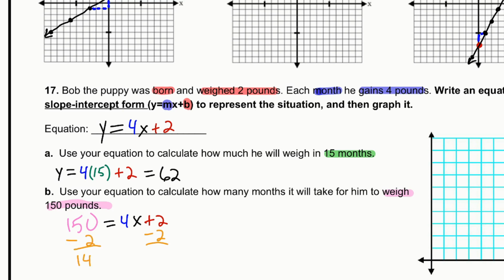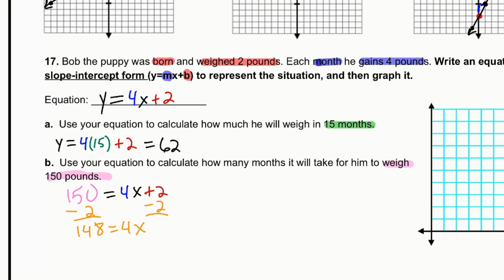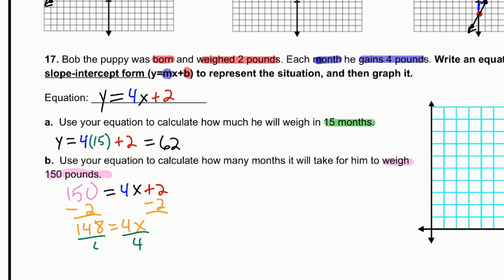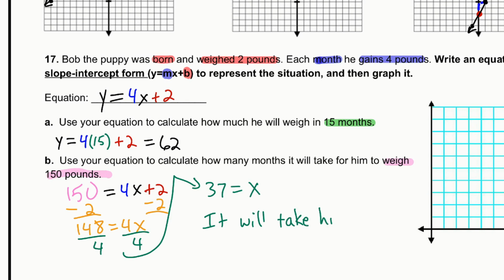That will be 148 is equal to 4x. Dividing both sides by 4, 148 divided by 4 turns out to be 37 equals x. So it will take him 37 months to weigh 150 pounds.